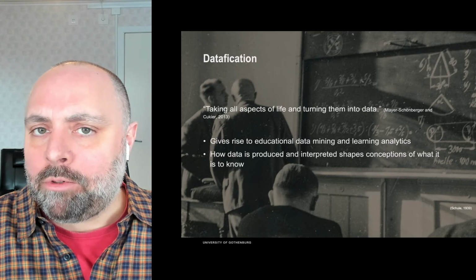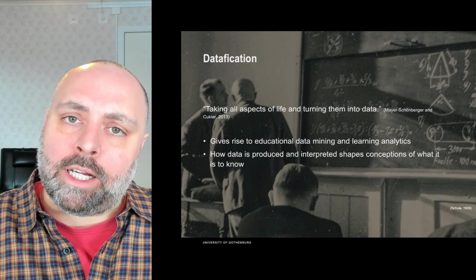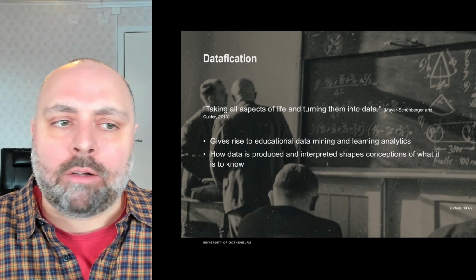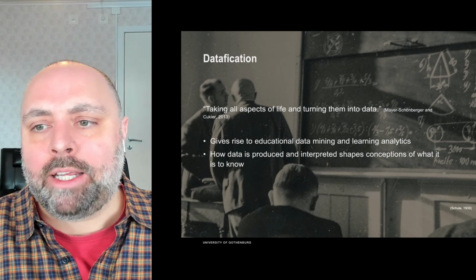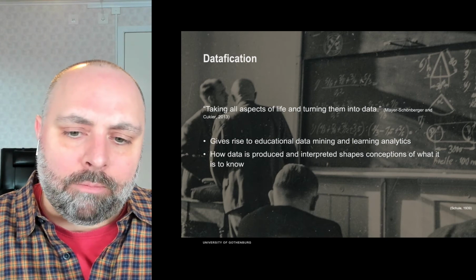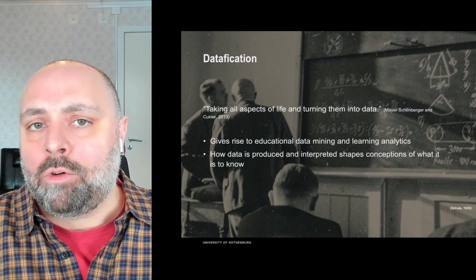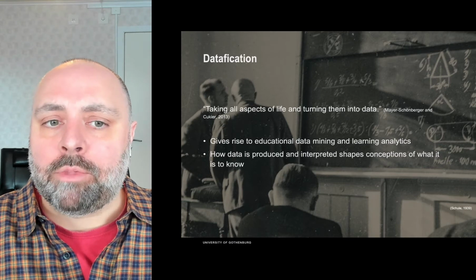What data is available to us and how we are able to interpret it, to a certain extent, shapes what it actually means to know something. And this example in the picture here is from the Yale Chalkboard Rebellion of 1830. Up until 1830, the mathematics courses at Yale University didn't have blackboards at the front of the rooms.